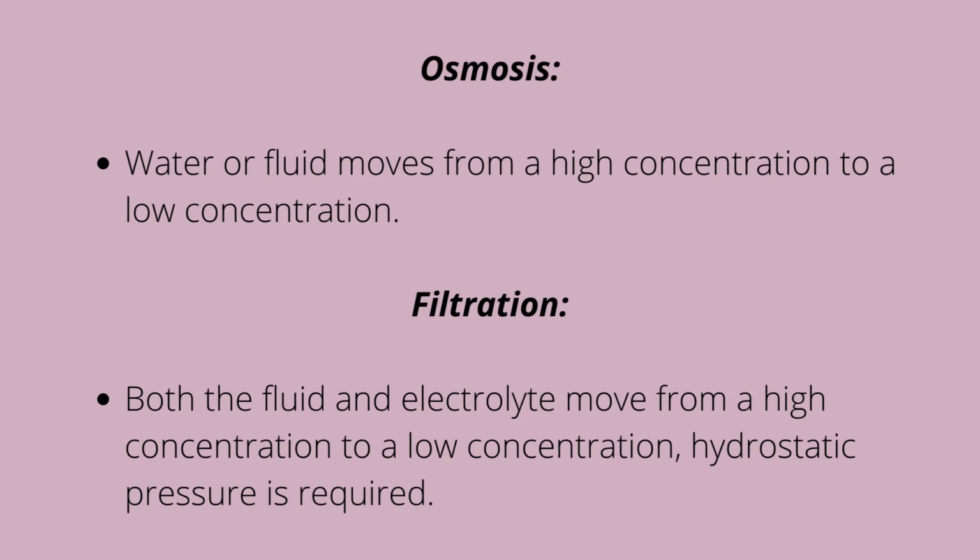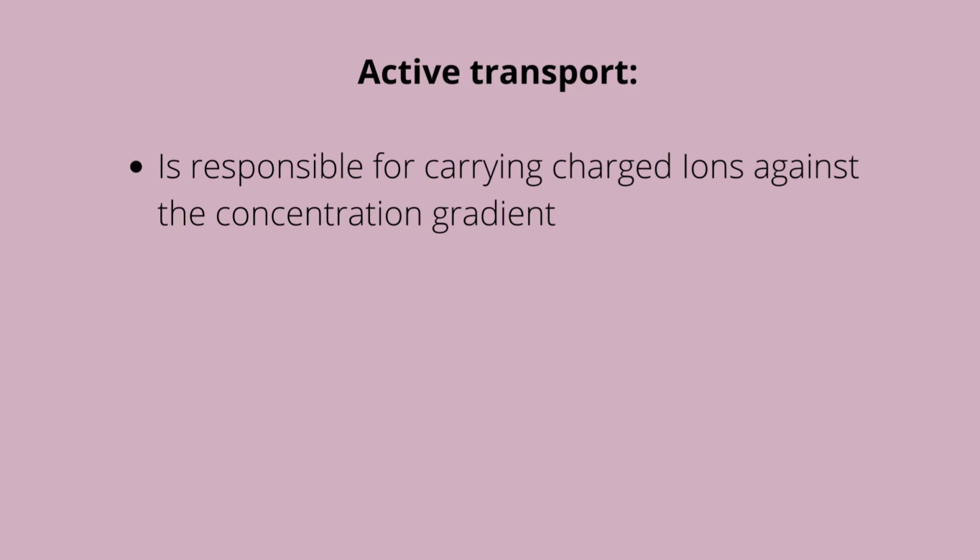And for this to occur, we need hydrostatic pressure. And what is hydrostatic pressure? Hydrostatic pressure is the more the fluid, the more pressure. Active transport. Active transport is our last mode of transportation of our fluid and electrolytes, and it's responsible for carrying charged ions. What are our charged ions? Na at the top is normally positive, yeah?